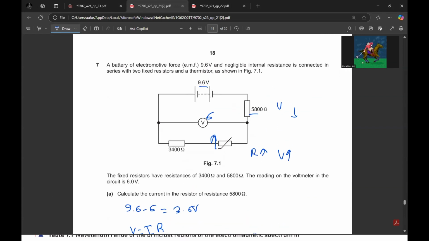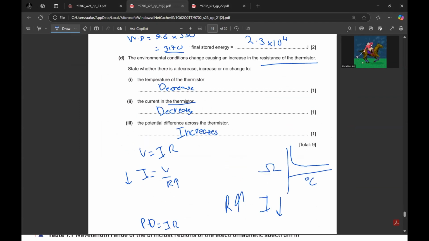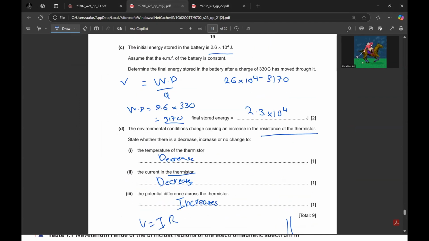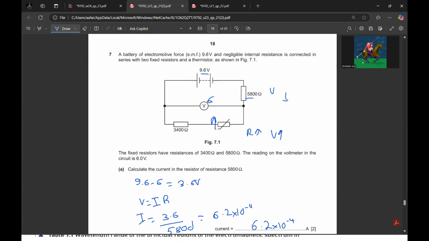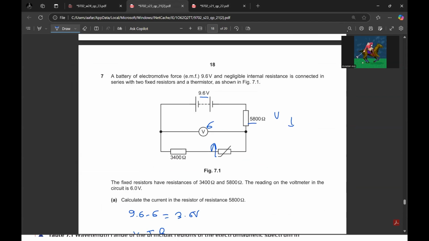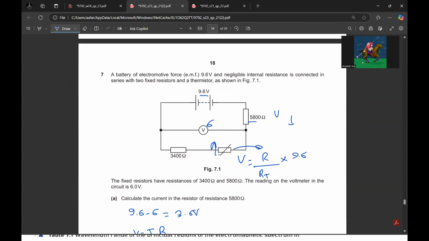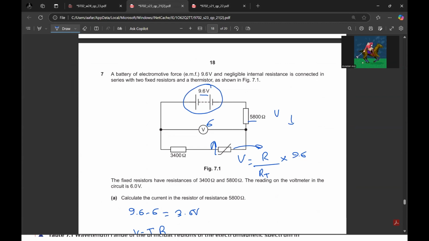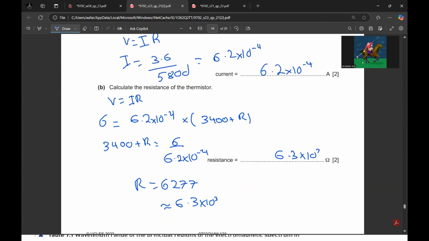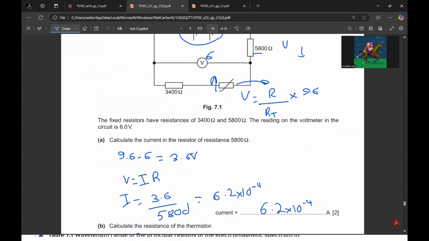I think I didn't explain this part. I think I should explain this part again. The potential difference across the thermistor will increase when the resistance of the thermistor increases, since the potential difference it receives is the ratio of the resistance of the thermistor over the total resistance, times the electromotive force, or terminal potential difference. So we calculated it as 6.3 × 10^7.